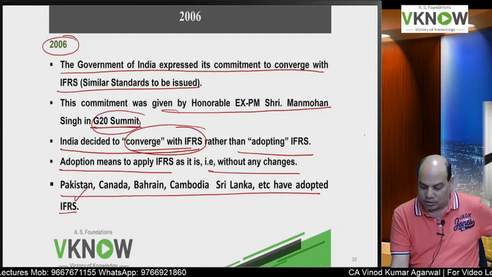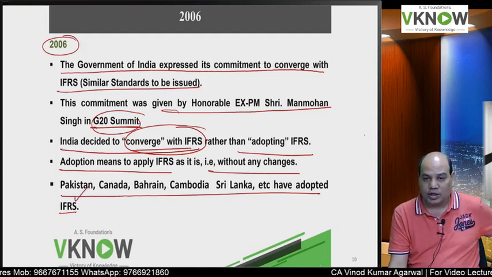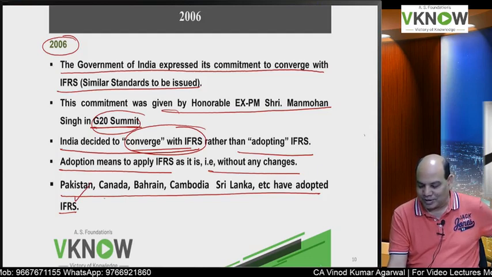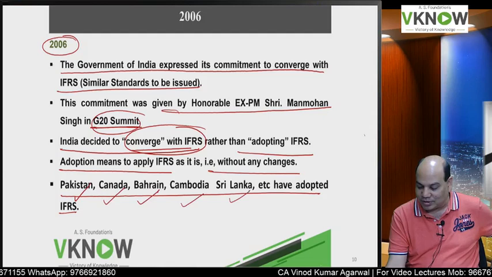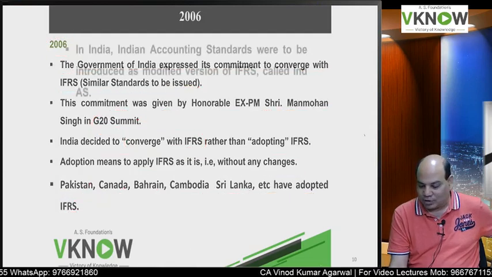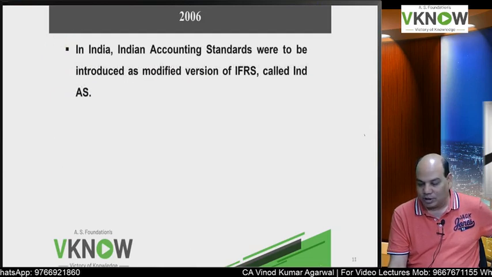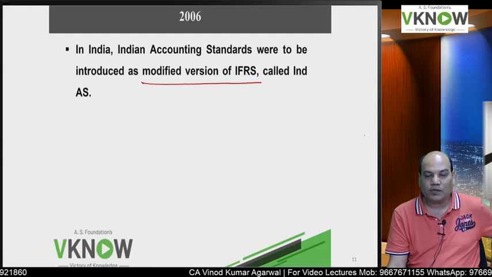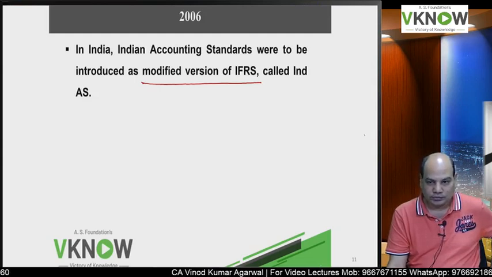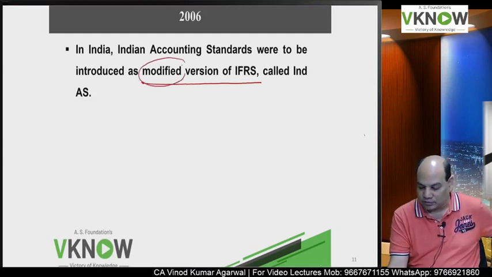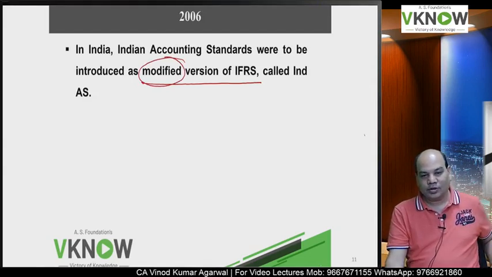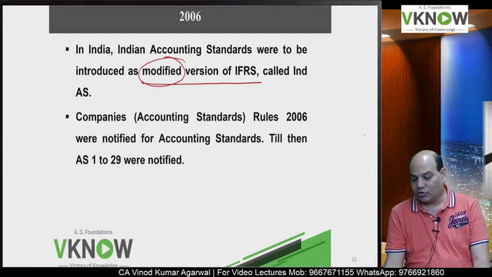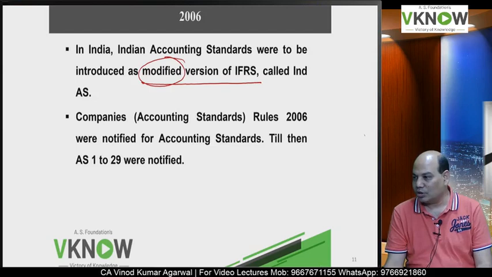Like our friendly neighbor Pakistan, Canada, Bahrain, Cambodia, Sri Lanka, they have adopted IFRS. But India has decided not to adopt IFRS. India has decided to introduce the modified version of IFRS. Modified version. So that is why it is called the converged version of IFRS.